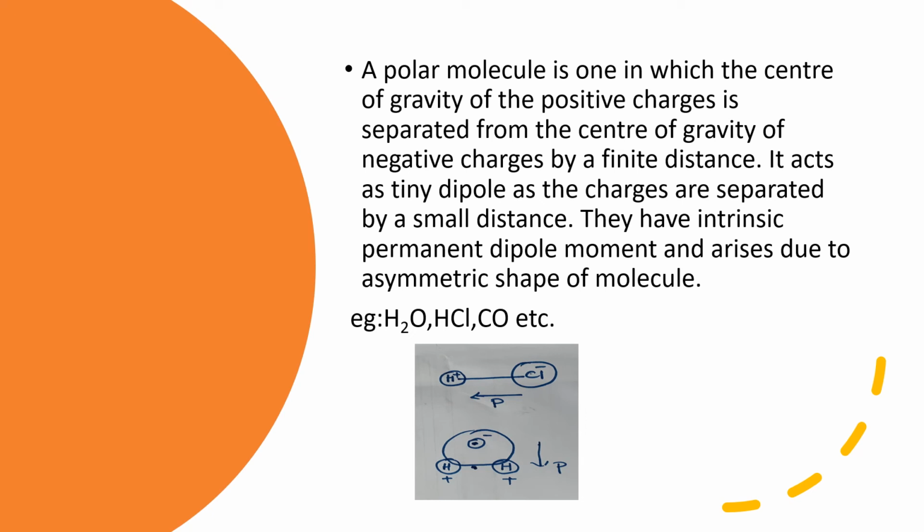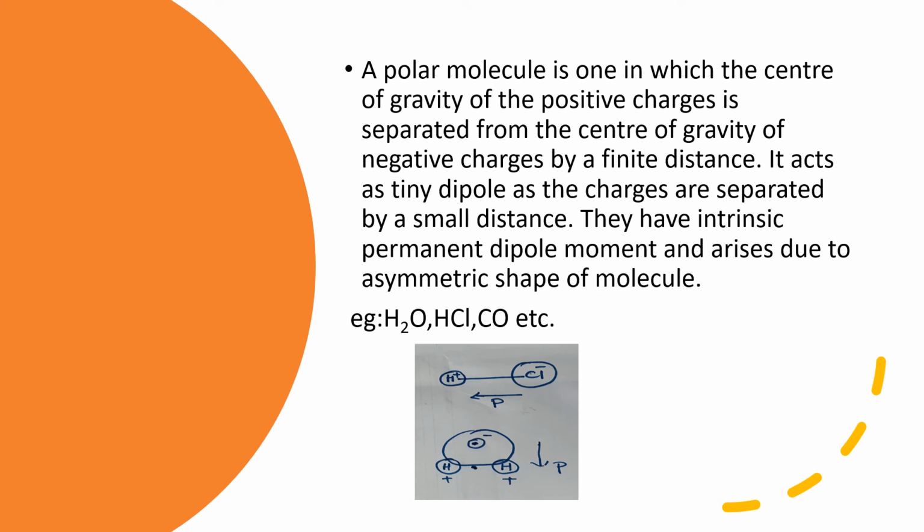It acts as a tiny dipole. An electric dipole means two equal and opposite charges separated by a distance. So it has an intrinsic permanent dipole moment, and this arises due to the asymmetric shape of the molecule. Examples are H2O, HCl and carbon monoxide.